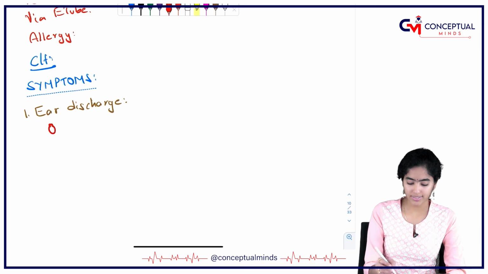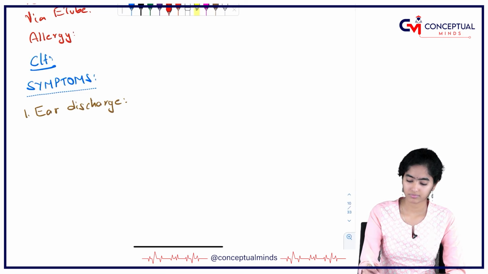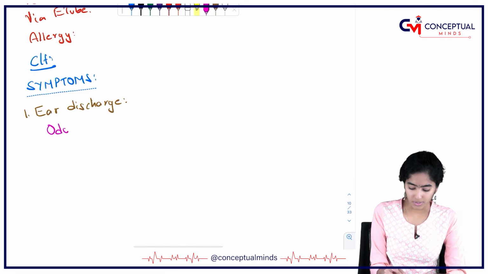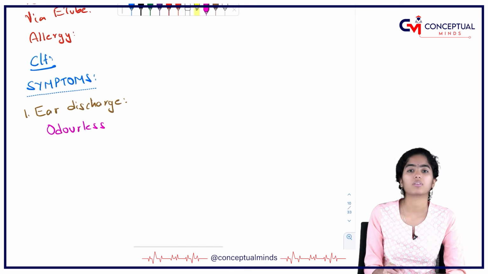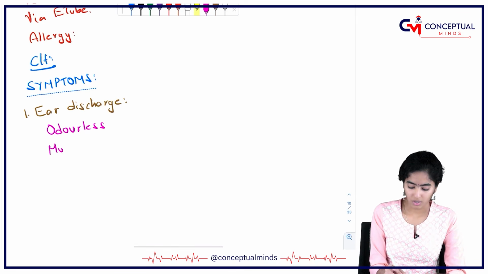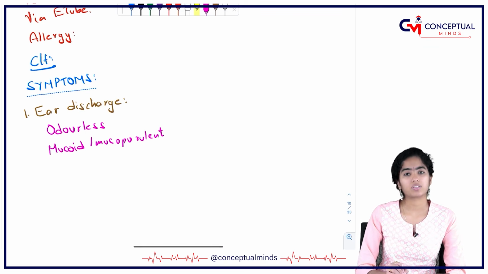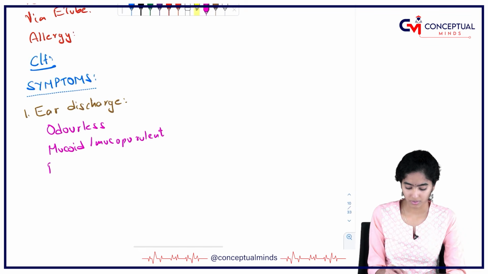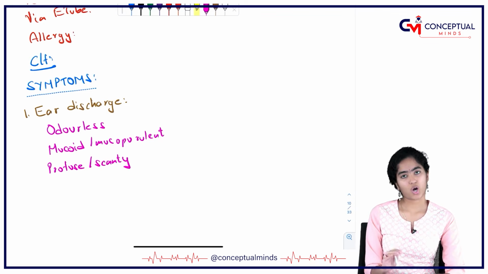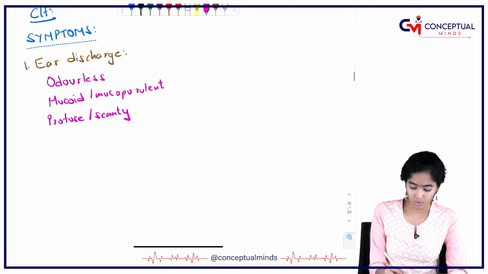But what is important is it is odorless, mucoid or mucopurulent. It is not blood-stained. It is constant or intermittent, as I told you, depending upon the stage, whether it is wet or dry, active or inactive.